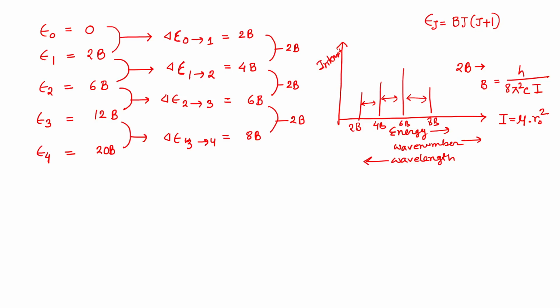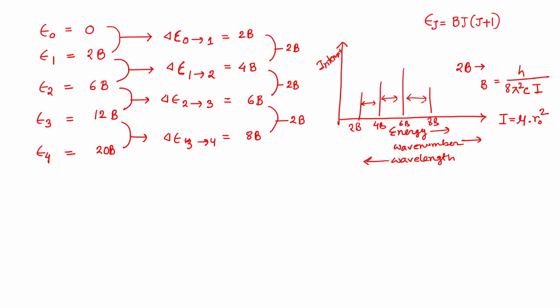Now, does it really happen in the physical world that you rotate a molecule and the bond length does not change? Actually, the bond length will change, right? So the non-rigid rotor is the non-ideal case, I should say.